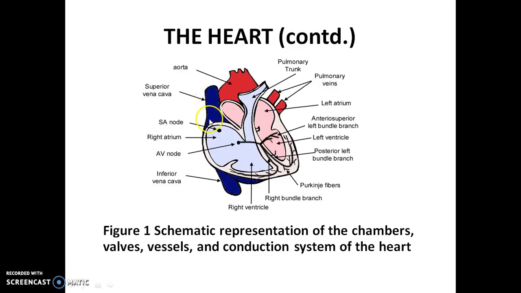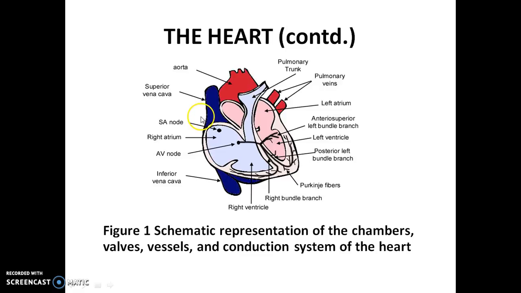You can see this blue color over here. This is a tube called the superior vena cava, and this is the inferior vena cava. The blue color indicates the deoxygenated blood, meaning blood with very little oxygen or more carbon dioxide.